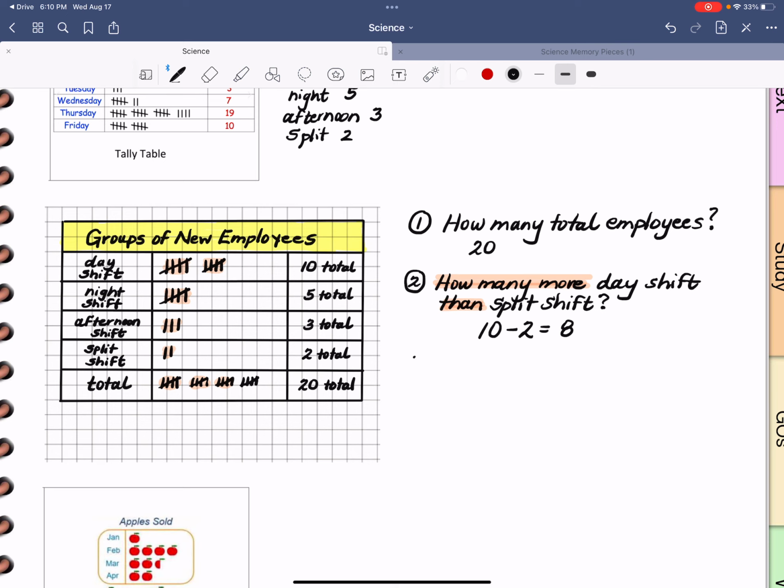Let me show you one more. Go ahead and write this in that blank space. Let's say to write an inequality to compare night shift to afternoon.